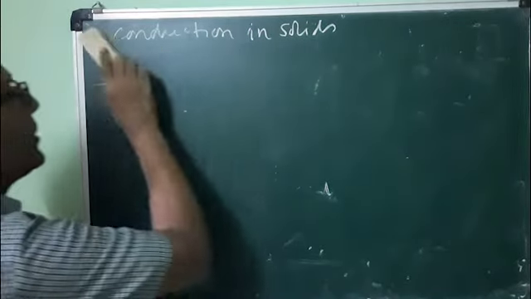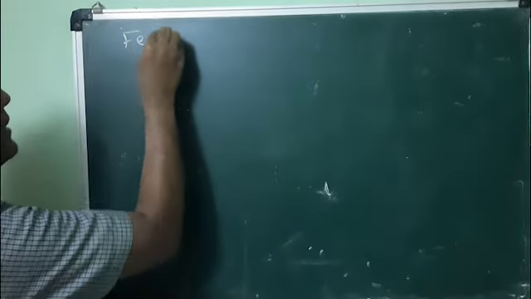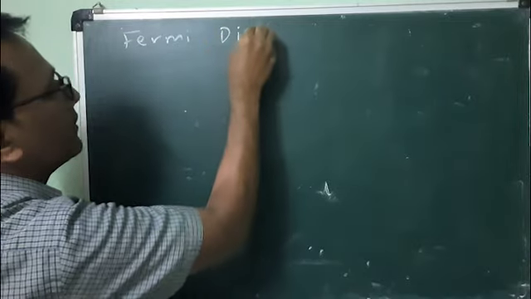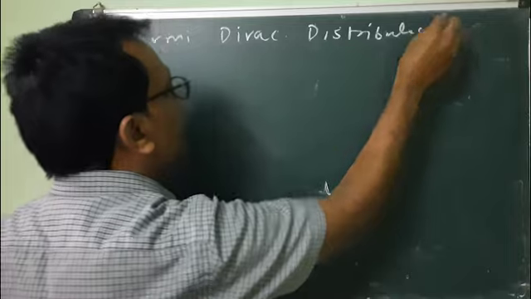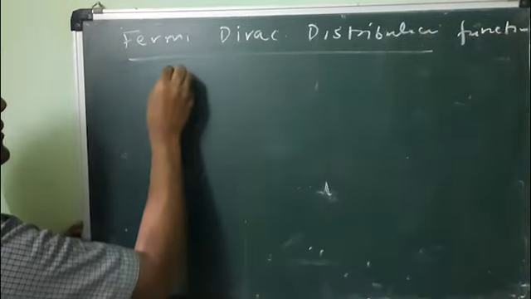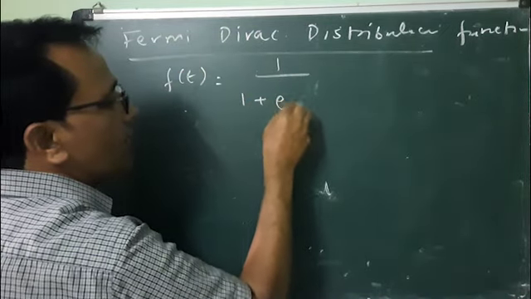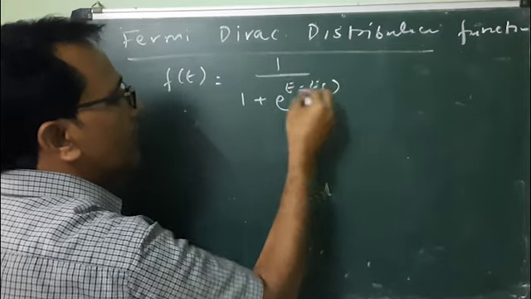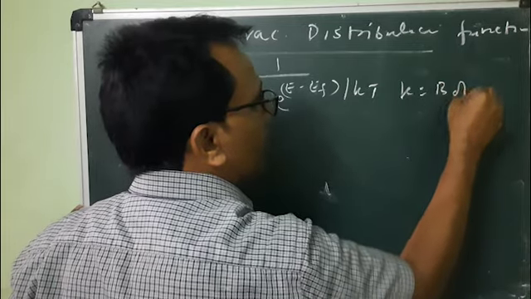Now the second important part of this lecture is the Fermi-Dirac distribution function. The Fermi-Dirac distribution function F(E) is equal to 1 upon 1 plus exponential of (E minus EF) by KT, where K is the Boltzmann constant.